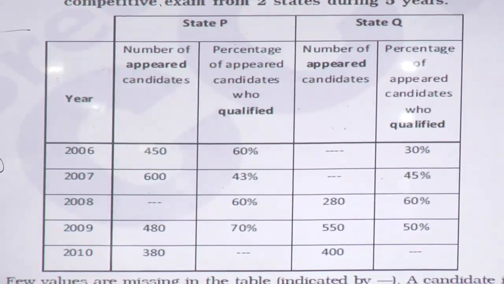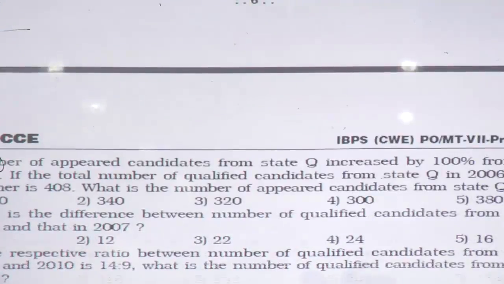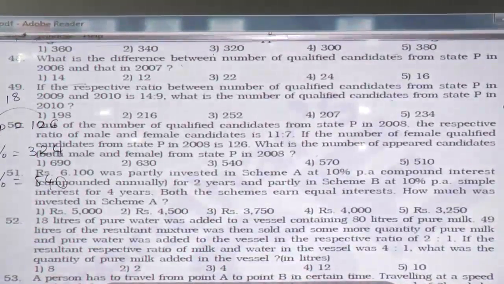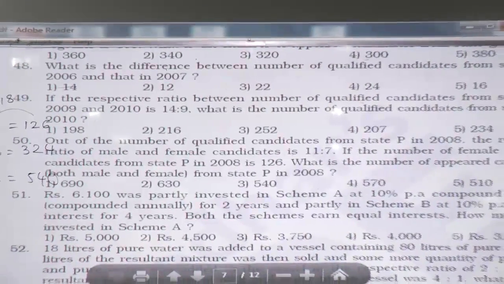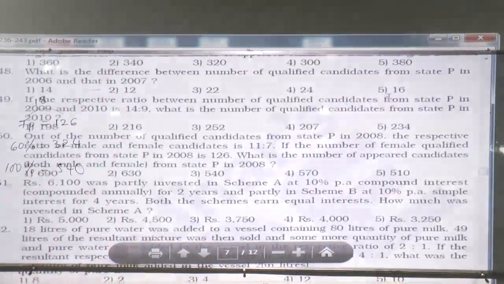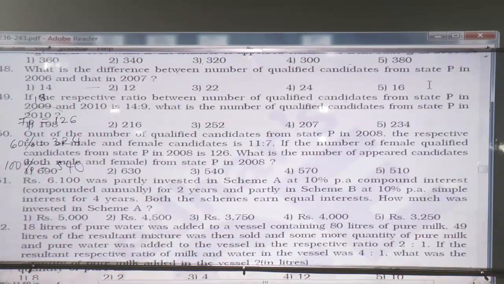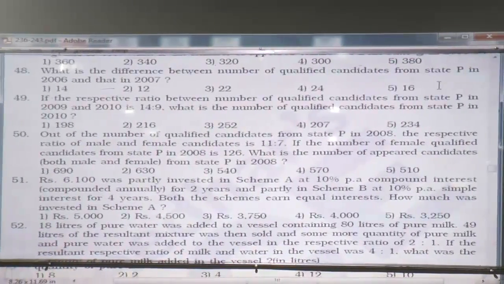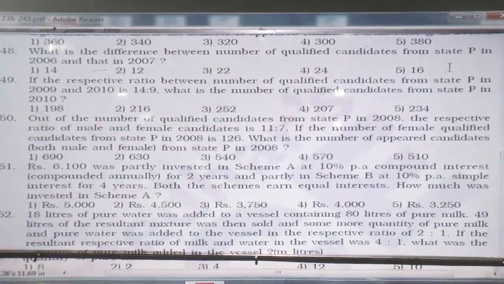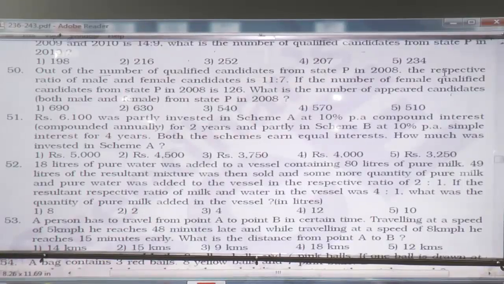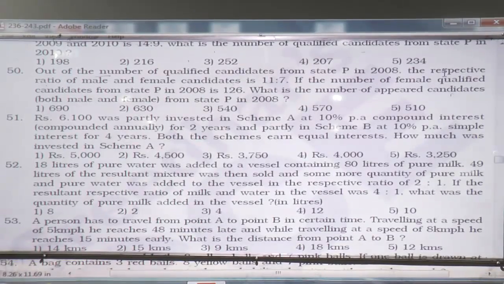Next, 51. 6,100 was invested in scheme A at 10% per annum compound interest compounded annually for 2 years.